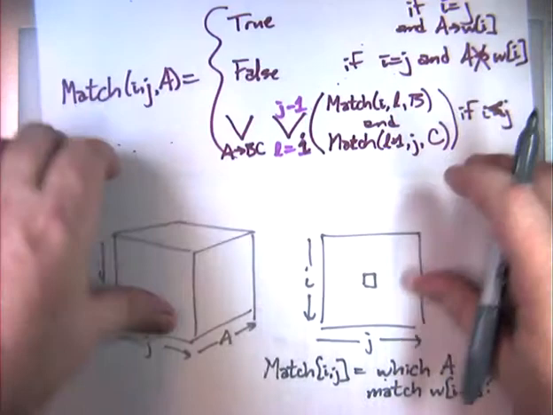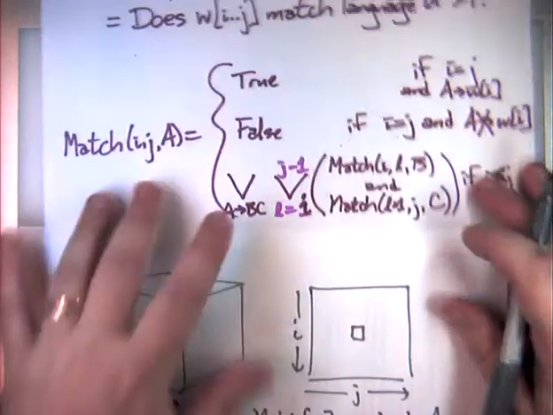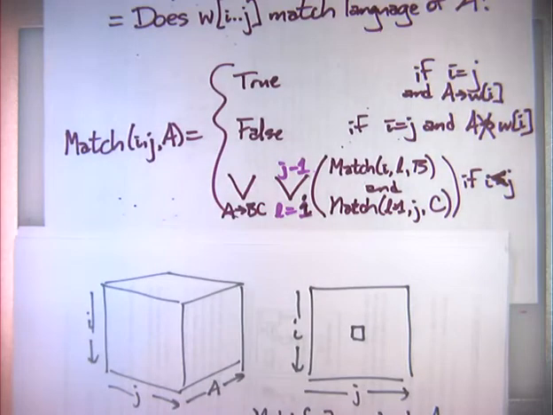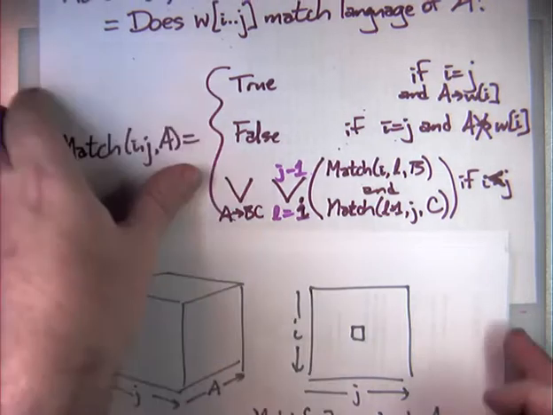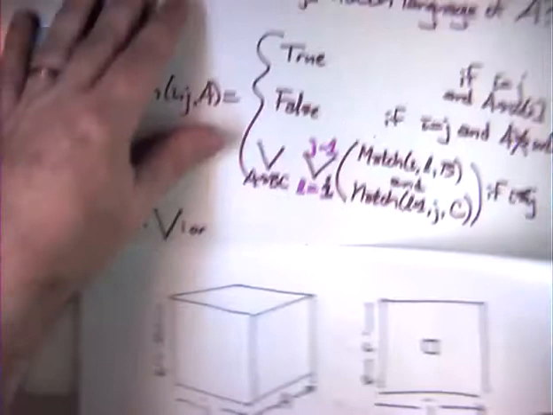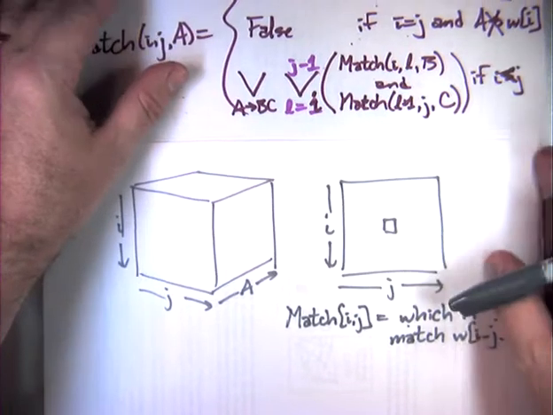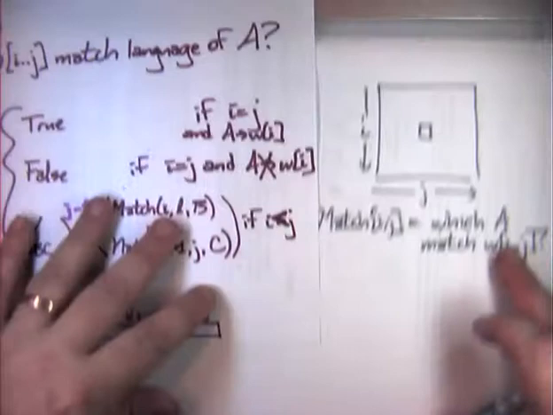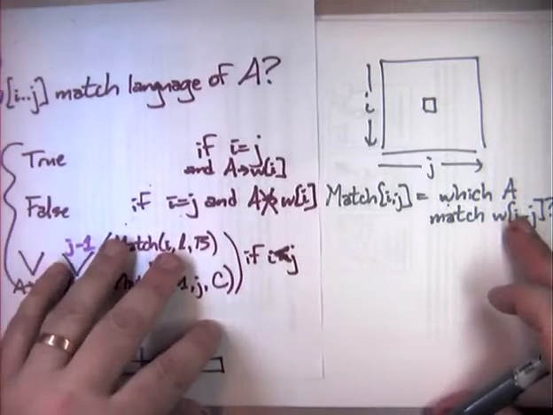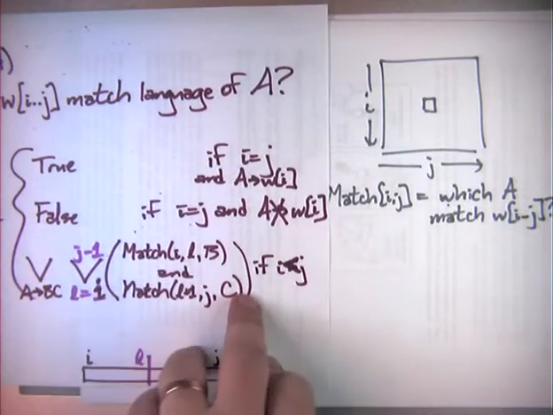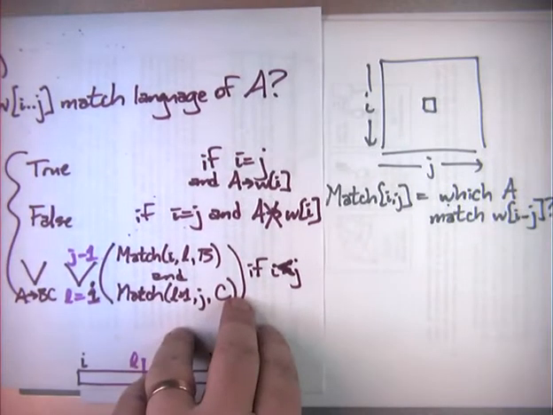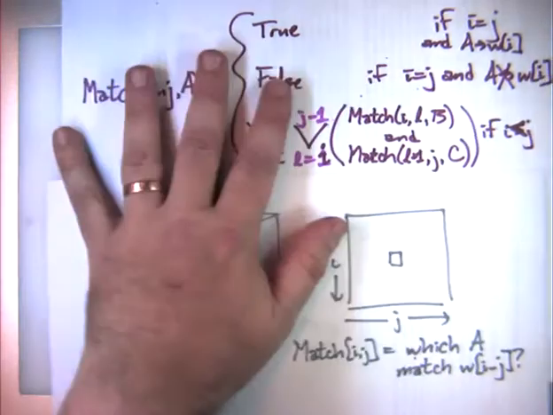I could go back and rewrite the recurrence to match this new definition, but in fact, I am not going to. I'm trying to make sure I can fit everything important on the screen. Let me try this. Okay, good.